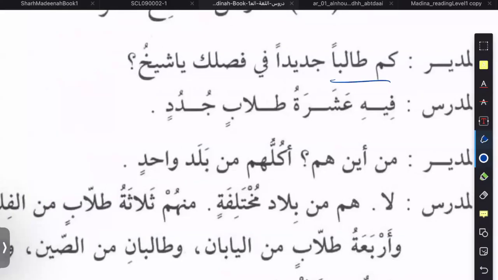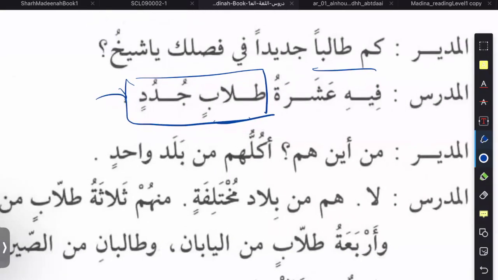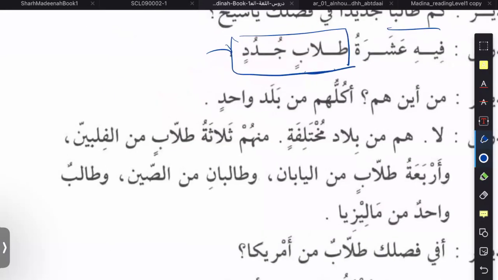You say fihi asharatu tullabin jududin. So there are 10 new students. But remember, your adjective phrase hasn't changed. Tullab is plural. You have to make the adjective also plural. So now we know how to say 10 from different countries.